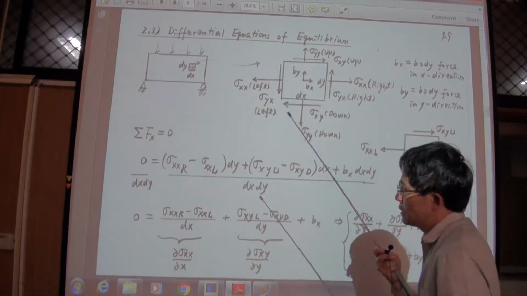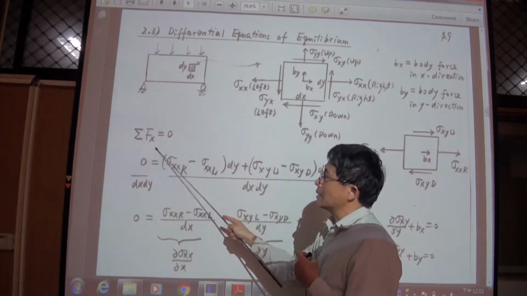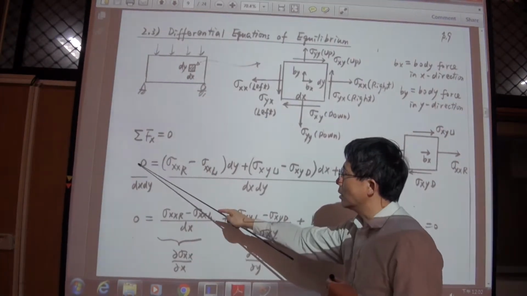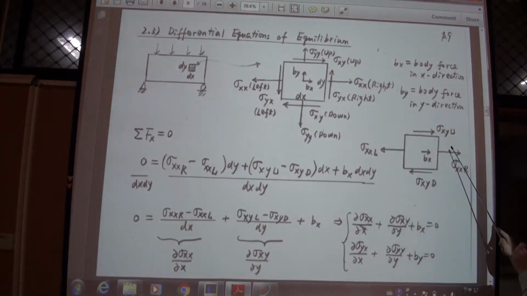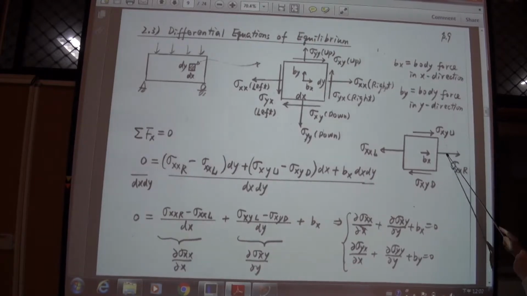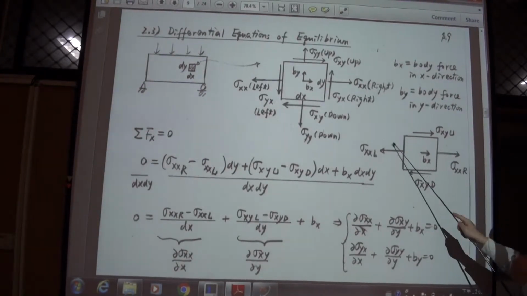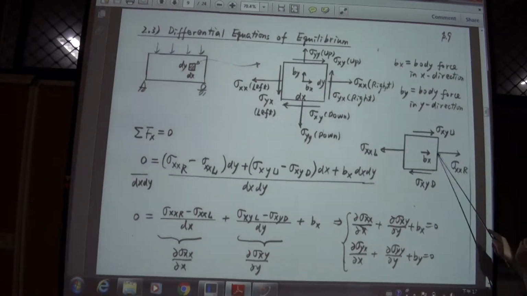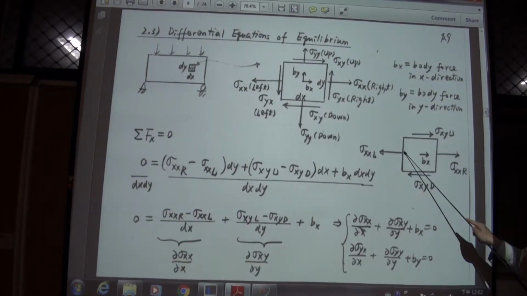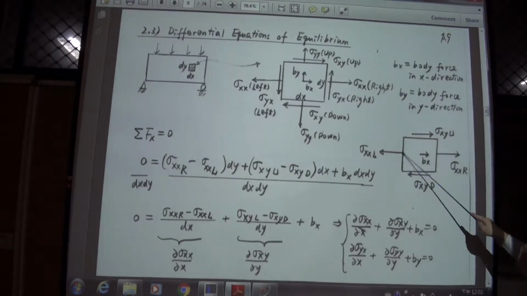It is simple, very simple. In the x direction, we have this, and then equals 0 here. Let us take the normal stress here at the right side, subtract the normal stress in the left side. This one subtract this one, and then times the length, dy.